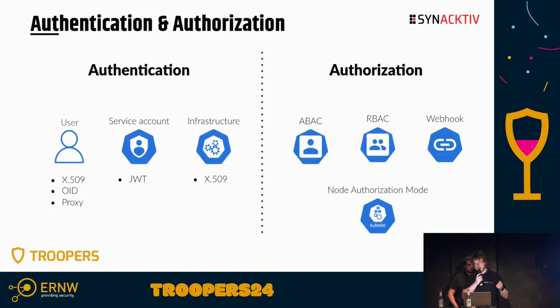And then in cloud providers, you will find a lot of webhook authorization methods, where an external API will be called to respond whether or not your identity can perform the action. And then you will also have ad hoc special authorization plugins, like the node authorization mode that we'll be speaking about in this talk. And we'll also focus on X509 and RBAC.